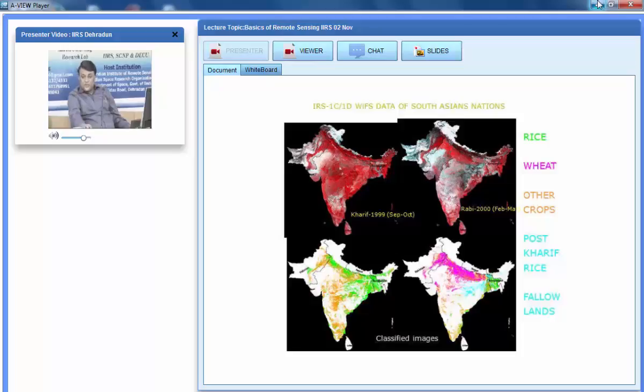But for exercises like agro advisory service, which require crop distribution, the rice and wheat kind of major, dominant crops can be discriminated with multi-date data and crop coverage can be produced and given to the state user agency, if useful for contingency measures during drought or some agro advisory service during the Rabi season.